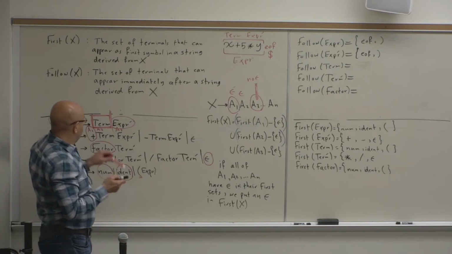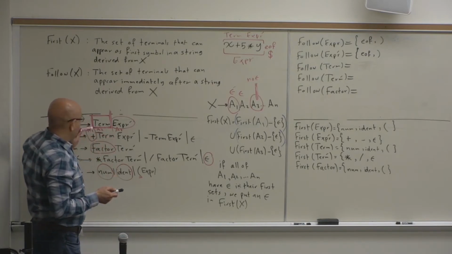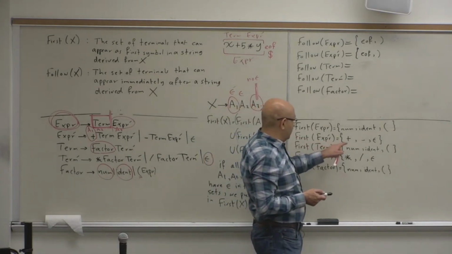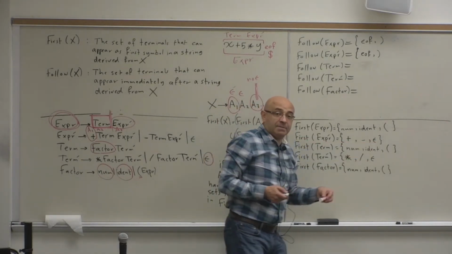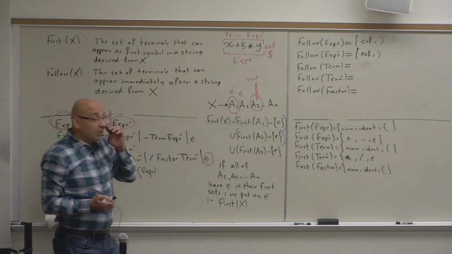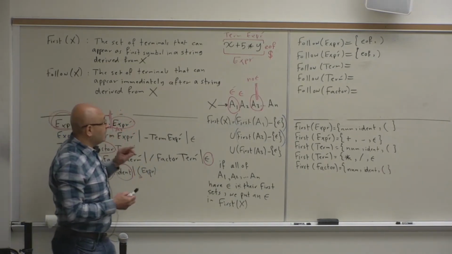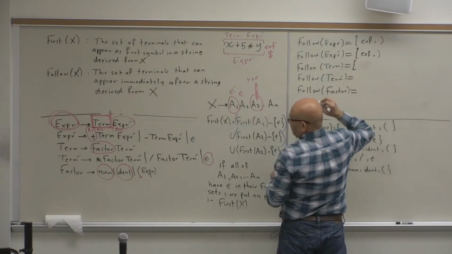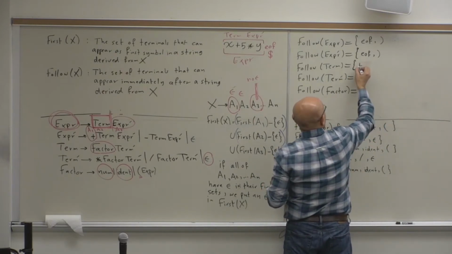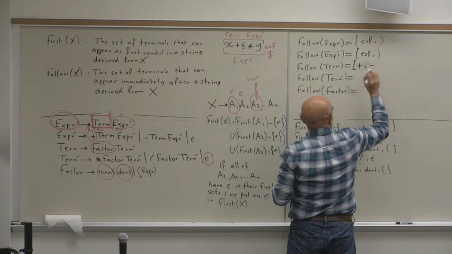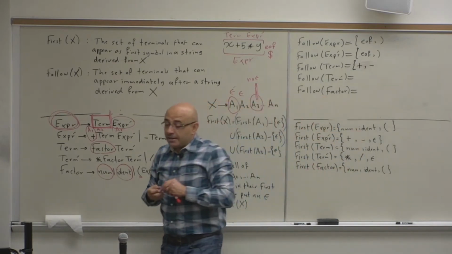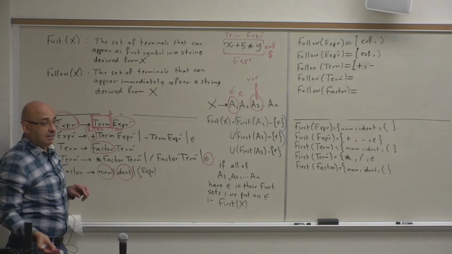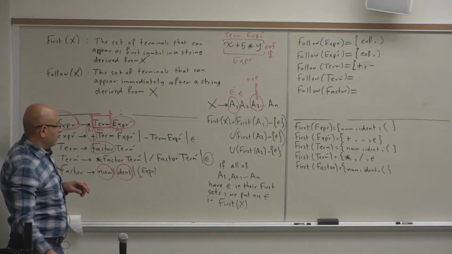So we look at the first set of expression prime, and we'll see this plus, minus, and epsilon. We put everything except the epsilon, and I will explain why. So we'll put the plus and the minus, but we will not put the epsilon. In fact, epsilon can never appear in the follow set of any variable.